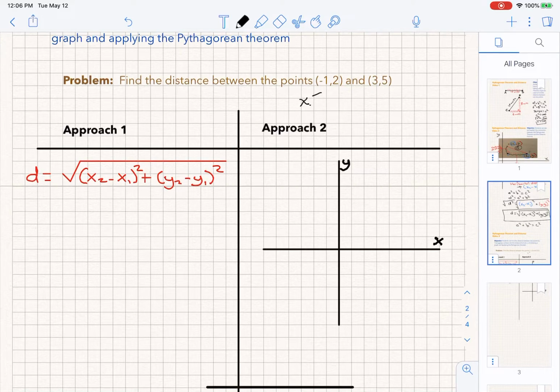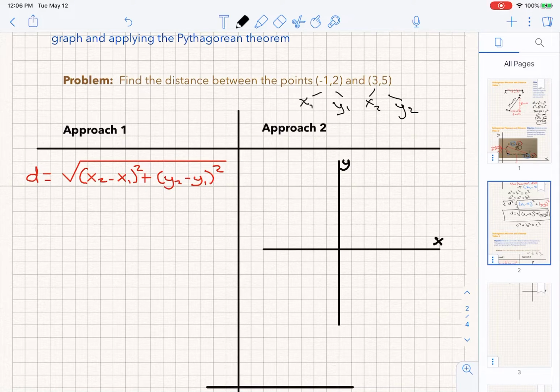We'll just call this x1, y1, x2, y2. Once again, you could flip these. If you wanted to call the 3, 5 x1, y1 and the -1, 2 x2, y2, it doesn't really matter. The subscripts just label the points.